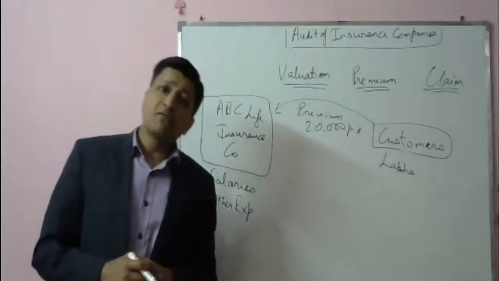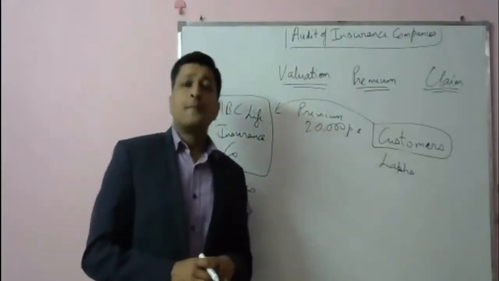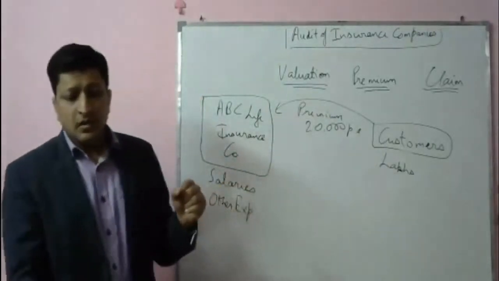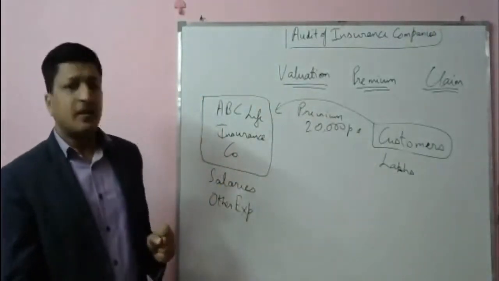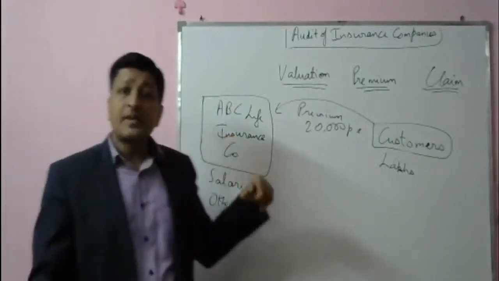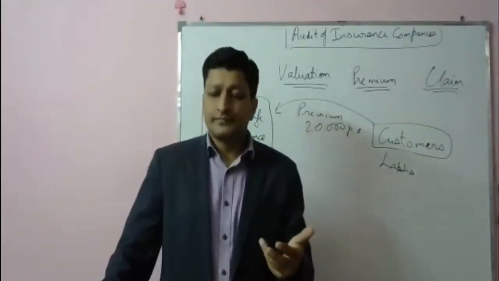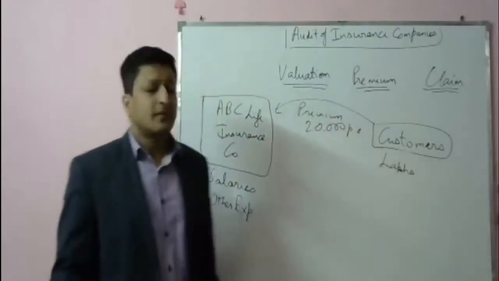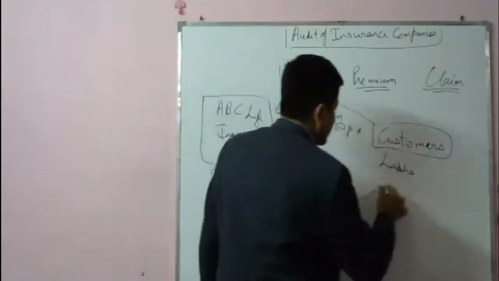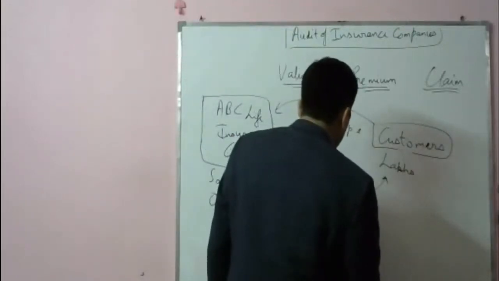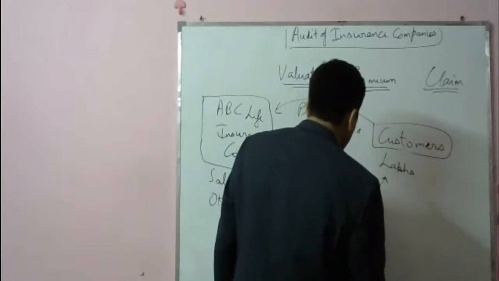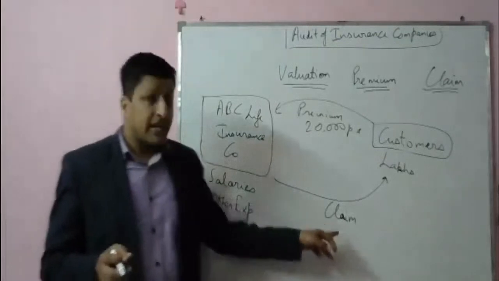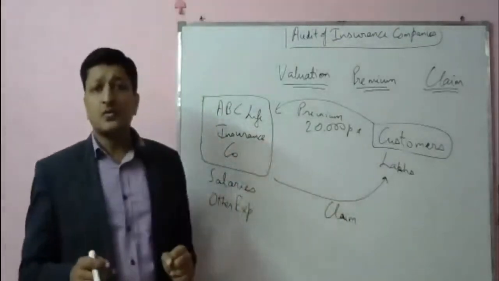An insurance company would always want that nothing should happen to the life of the customers. Because if there is any mishappening, then the insurance company will be required to pay a claim. And that claim amount will become a cost to the insurance company. This claim amount will not be limited to 20,000.